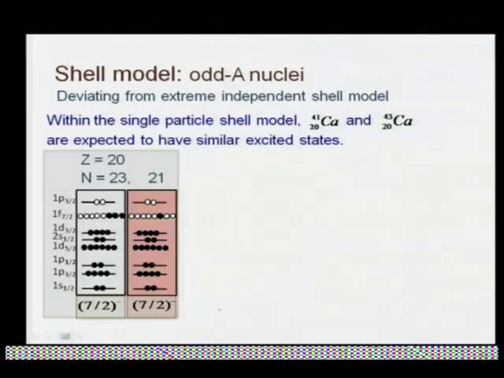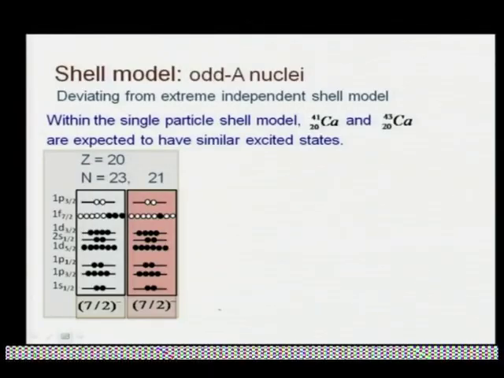Calcium 41 has a similar distribution, with the protons exactly the same as in calcium 43. For neutrons, there are 21, and 20 are placed in the inner core filling the shell with magic number 20, and one extra neutron is placed in 1f7/2.